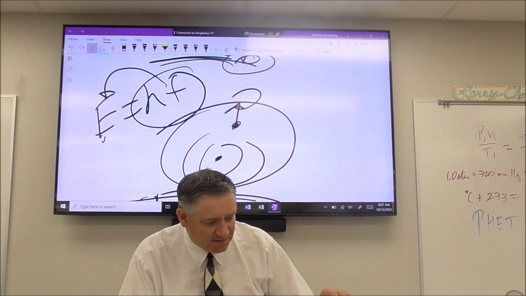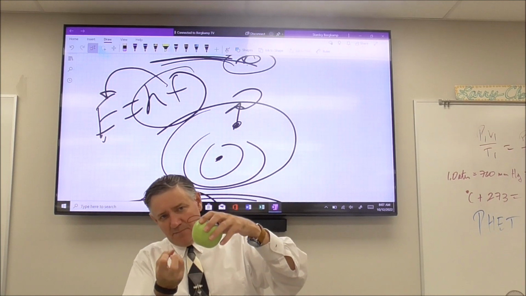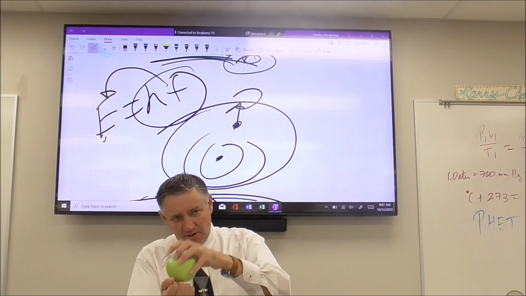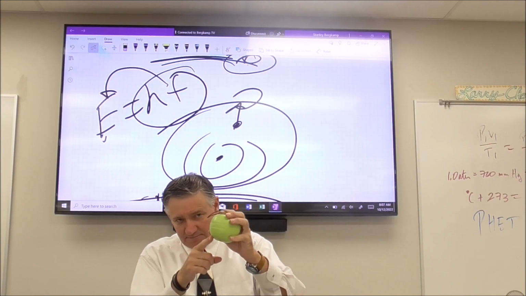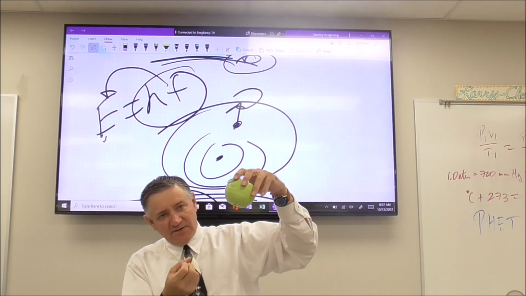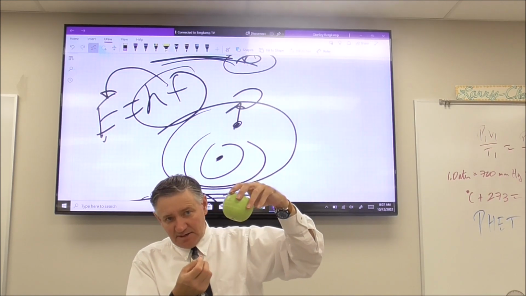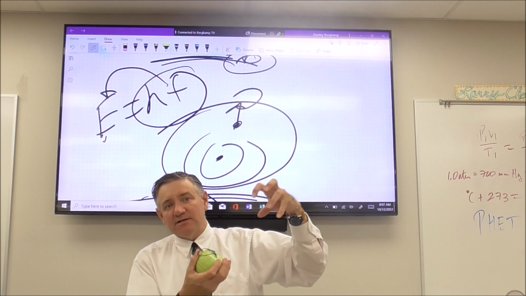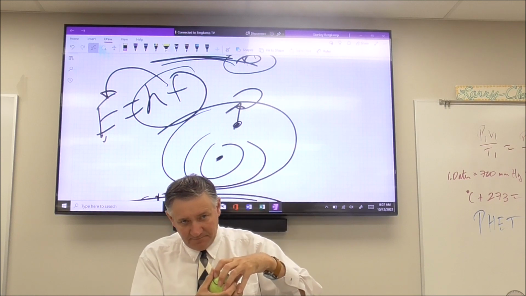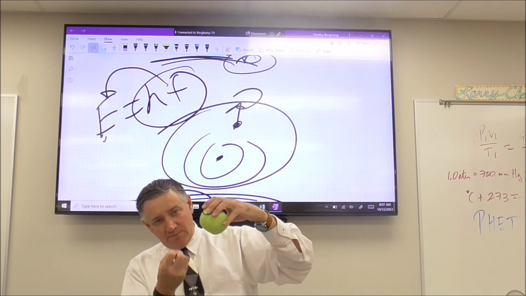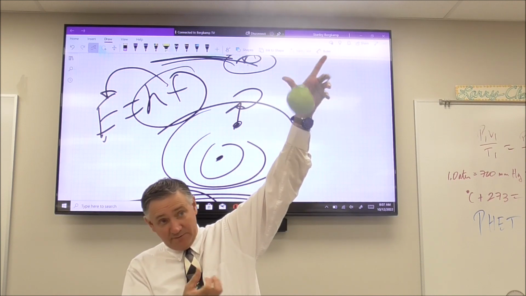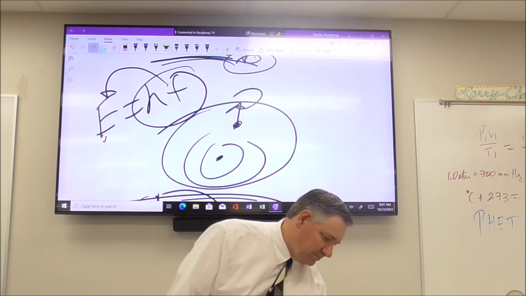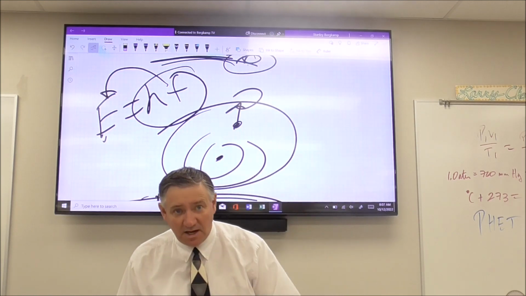And imagine that at the bottom is like the lowest potential energy. That's that first layer of the onion. So if you just lift something up to the second energy level and let go of it, is that going to be very much energy? No. But if you take it from n equals 1 all the way up to n equals 6 and let go of it, then that's going to produce a lot of energy.